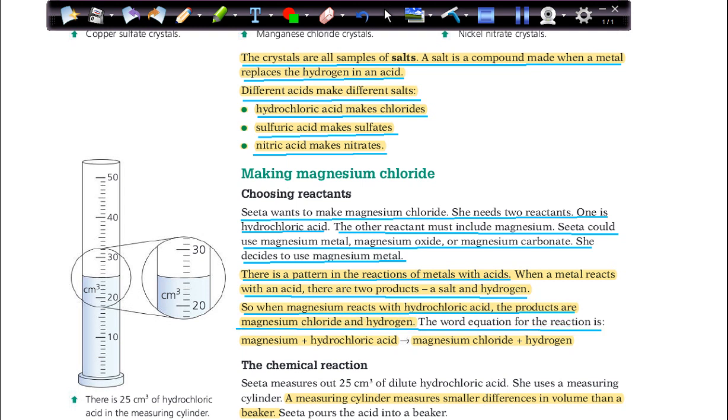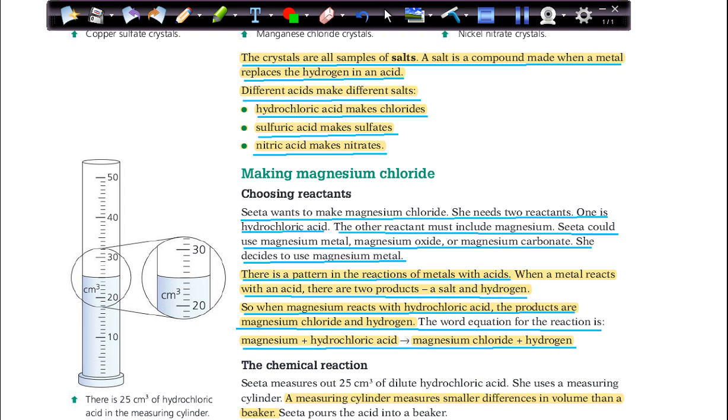This is the word equation for the reaction. Magnesium plus hydrochloric acid gives us magnesium chloride plus hydrogen. And try to use this word equation to test yourself and make it into a symbol equation, just like a small test for yourselves.